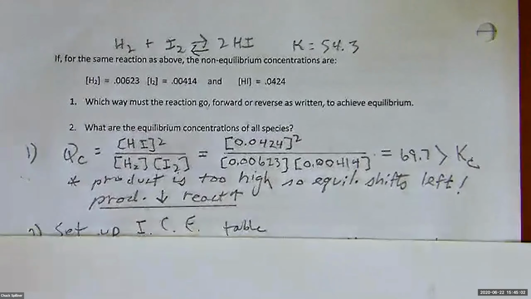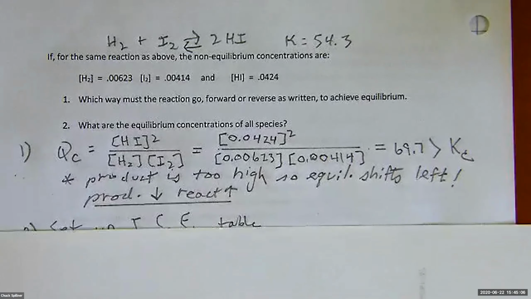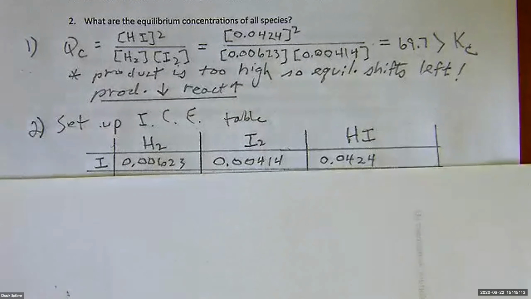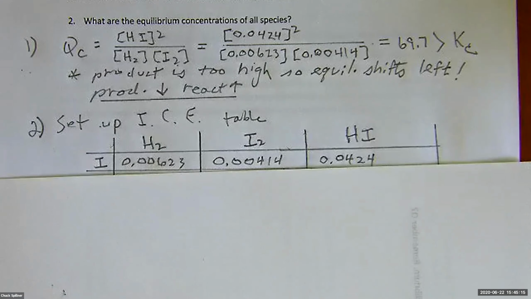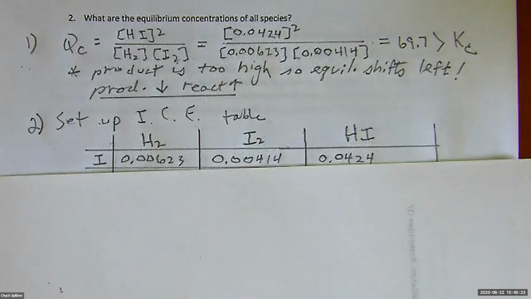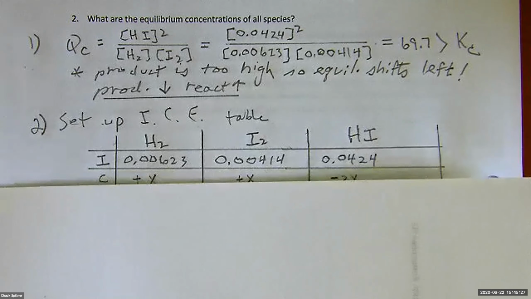We have to decrease the product and increase reactant. So we're going to set up our ICE table. I've already set up the ICE table. Here's what it's going to look like. So H2, I2, HI initially, I go back and look, it looks like I wrote in the correct values. That looks okay. So what changed? We're going to minus x.